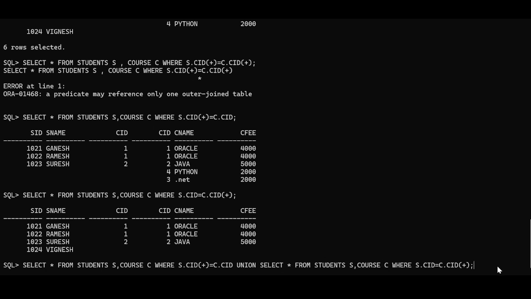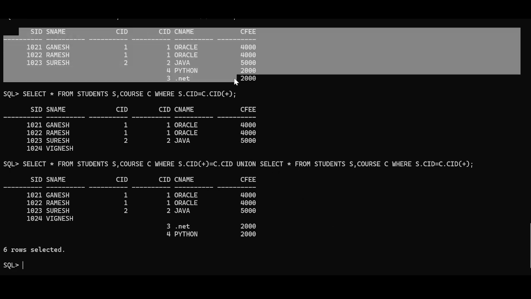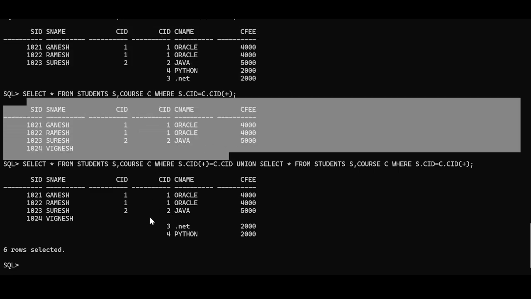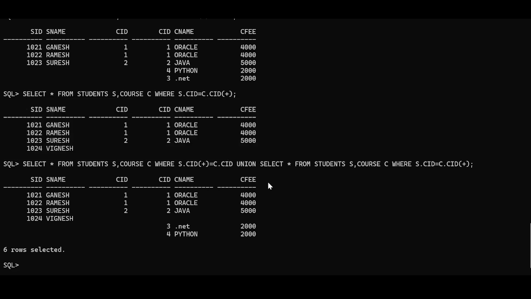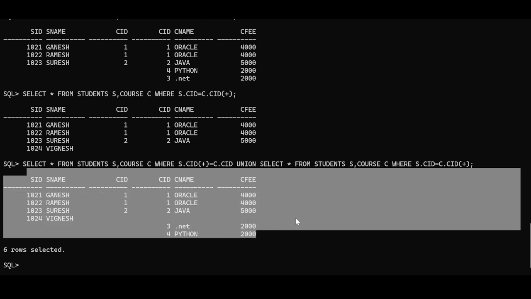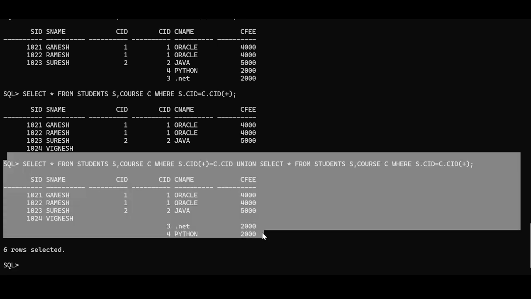It is going to join two tables. This union operator is combining two tables together. Union means it will include the duplicates also. We have discussed this in the previous classes. By using this, we can achieve full outer join for the non-ANSI format. This is the example.